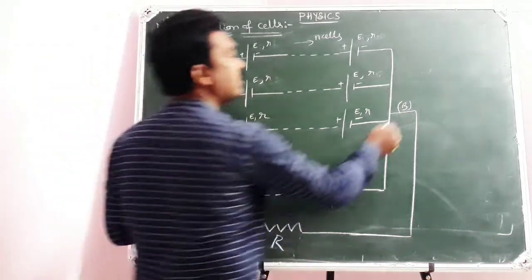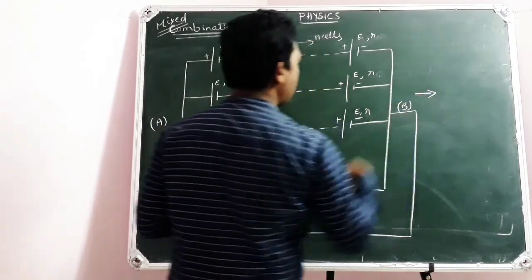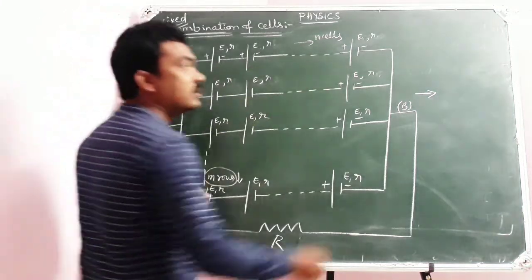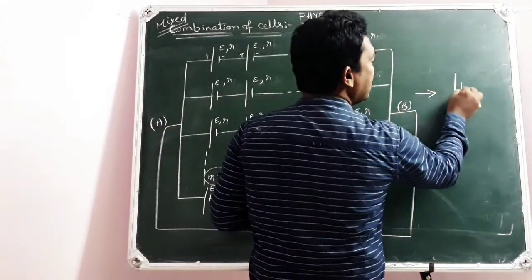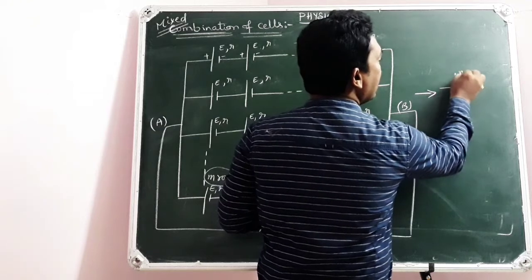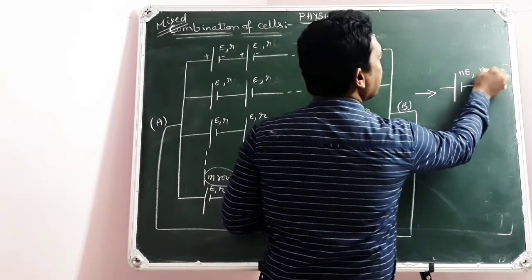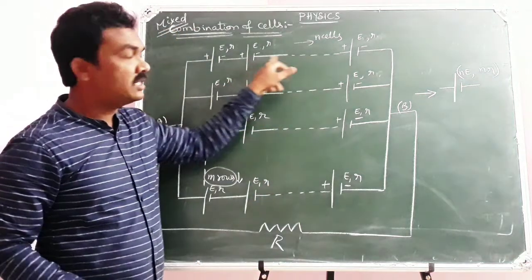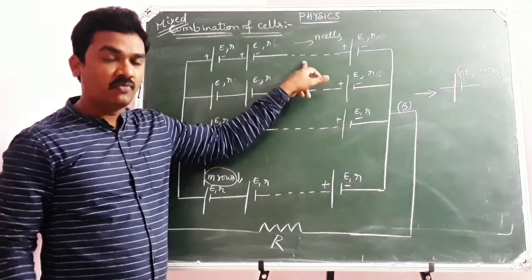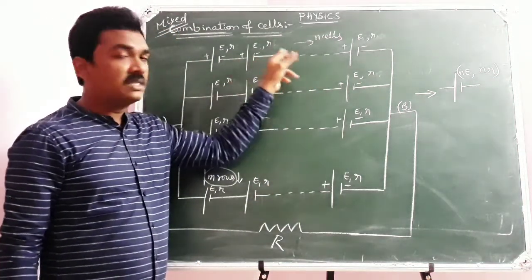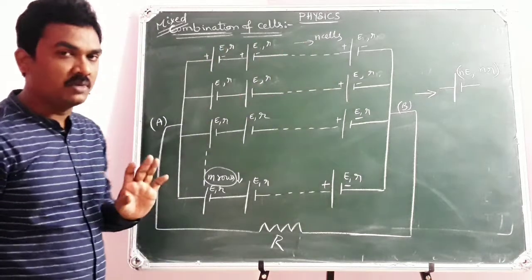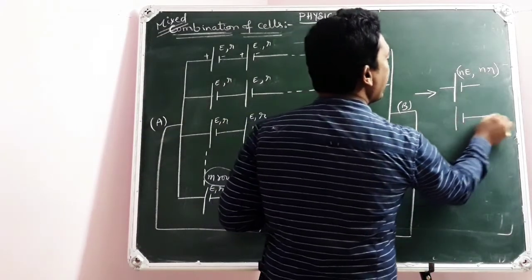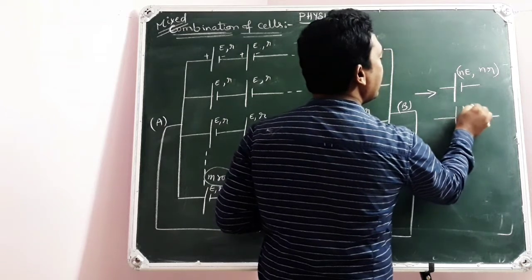Now, for this equivalent circuit, n identical cells are in series combination. So they give equivalent EMF NE and equivalent resistance NR. Because n identical cells in series will give equivalent EMF NE and resistance R plus R plus R and so on, n times, NR. Similarly, in the next row, there will be NE, NR.